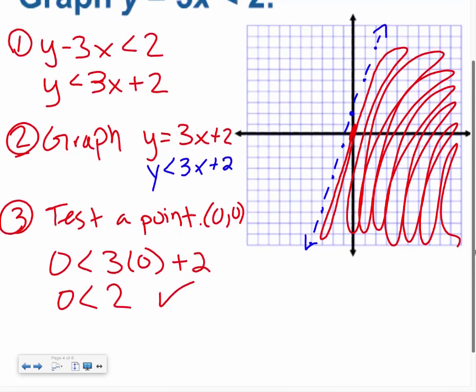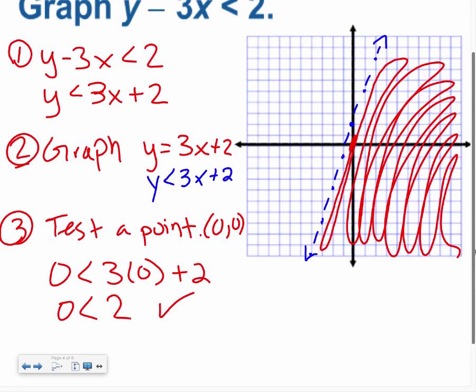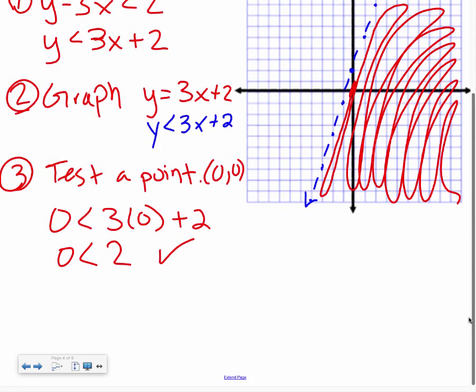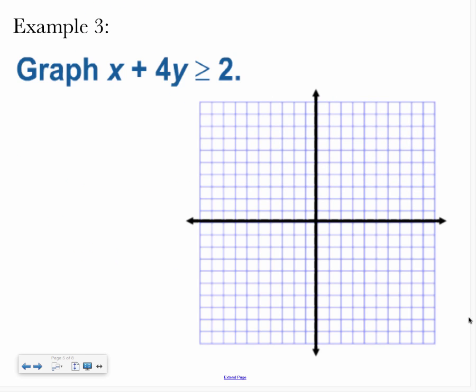Alright. So let's look at another example. So example 3, we have graph x plus 4y is greater than or equal to 2.